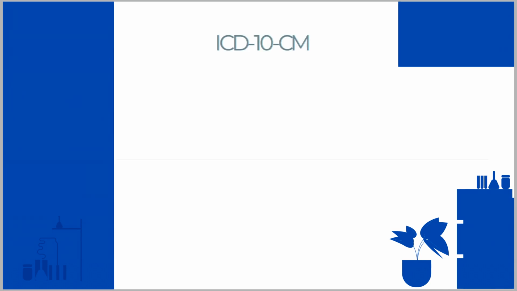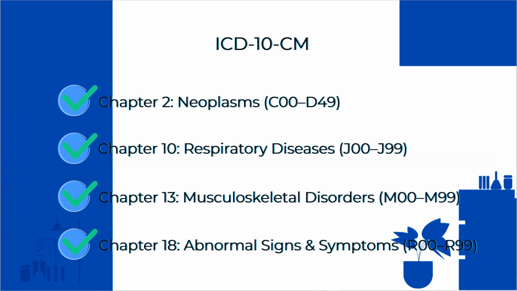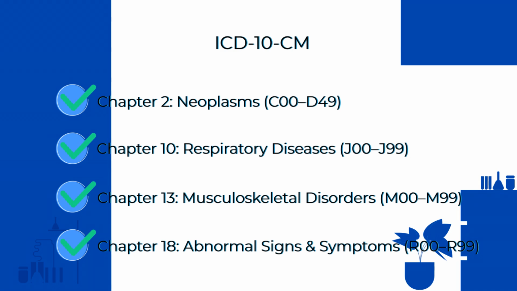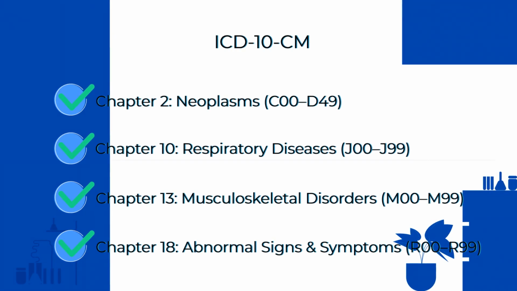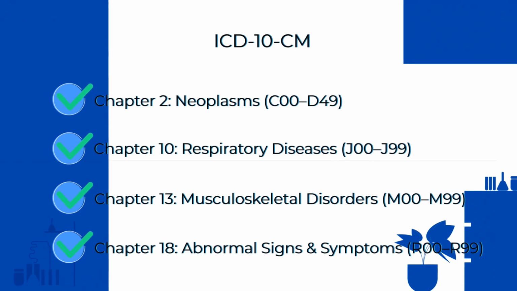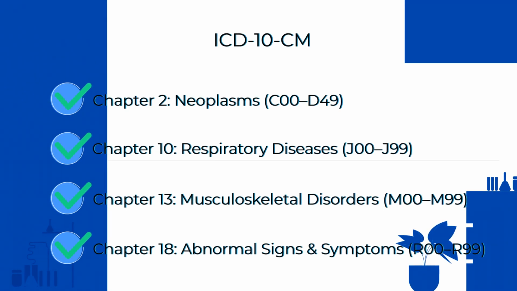ICD-10-CM is divided into 21 chapters. A few examples most commonly used in radiology: Chapter 2, Neoplasms; Chapter 10, Respiratory Diseases; Chapter 13, Musculoskeletal Disorders; Chapter 18, Abnormal Signs and Symptoms. You'll use ICD-10-CM codes to explain the medical necessity behind each procedure or service.